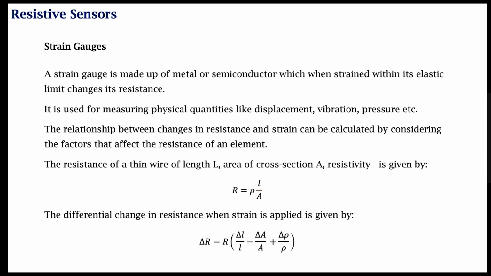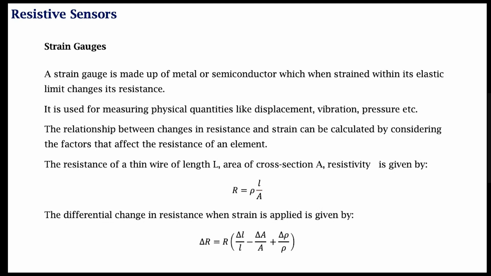We'll start our discussion of resistive sensors with strain gauges as an example. Strain gauges are among the most versatile sensors that are used not just in biomedical engineering but also in various other measuring systems.